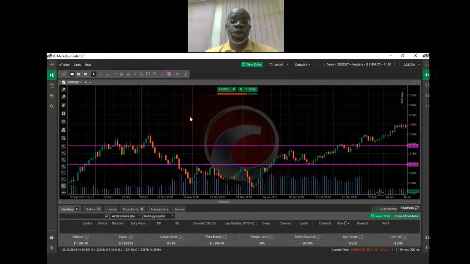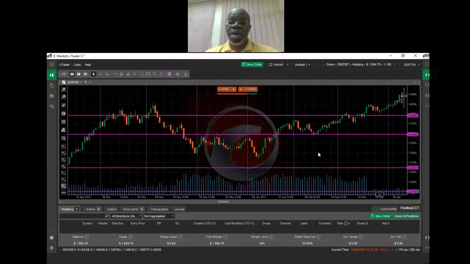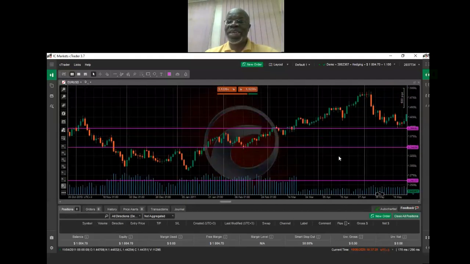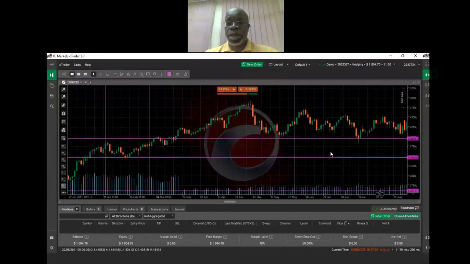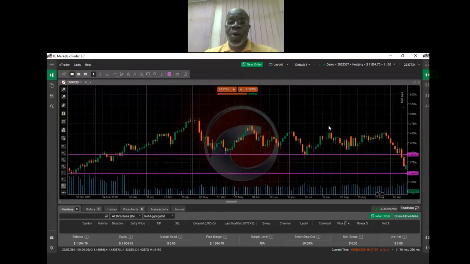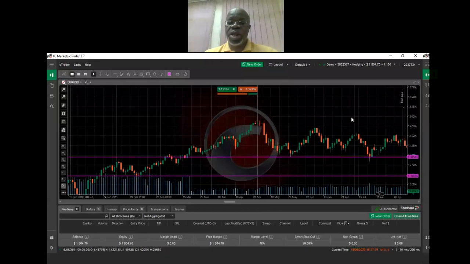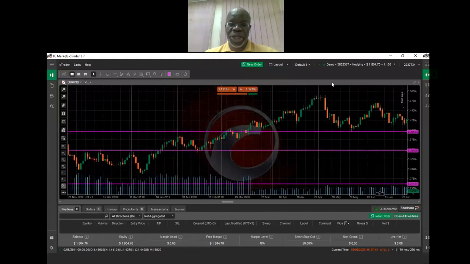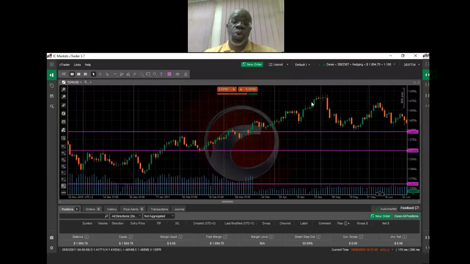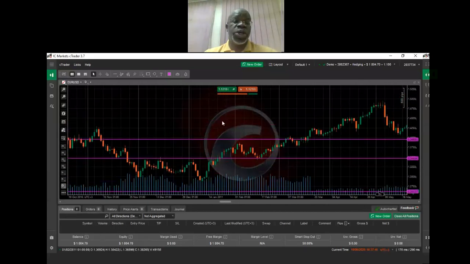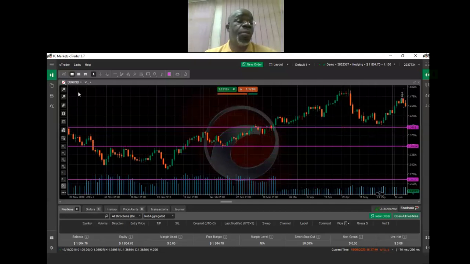Ideally, I should be able to identify the support and resistance zones, but for now I will not even do that because I'm trying to introduce the idea of channel trading. So you look for the tool. Many platforms have tools that can help you draw a channel, and if they don't, they still have a tool that draws the trend line.